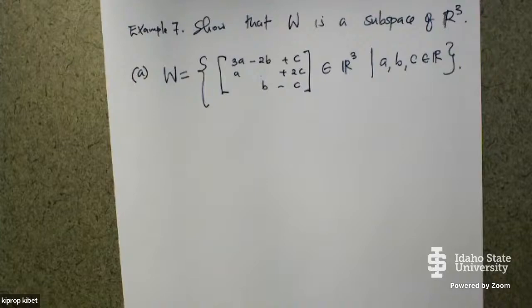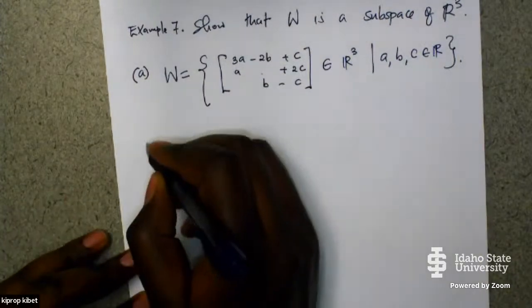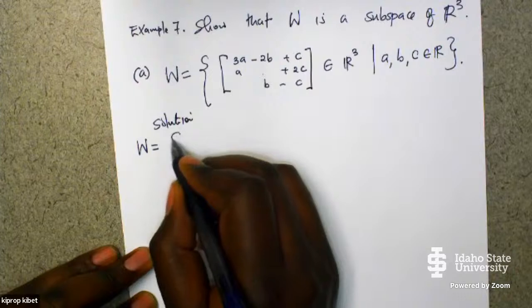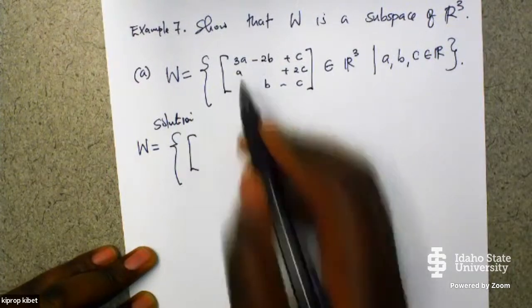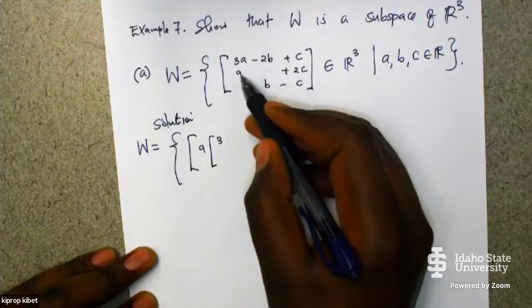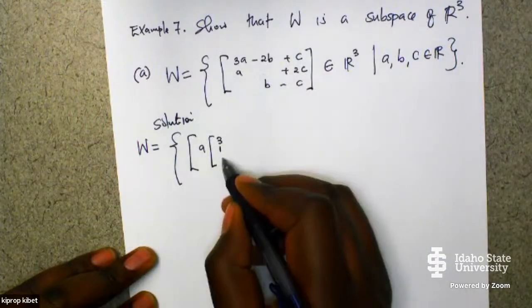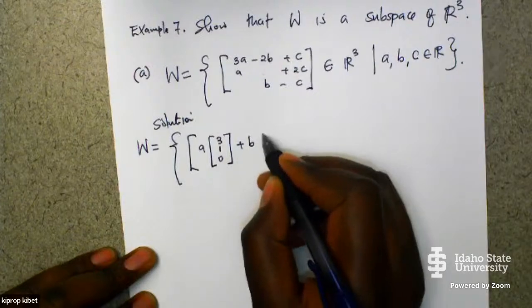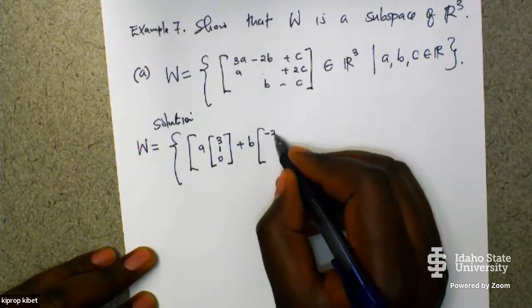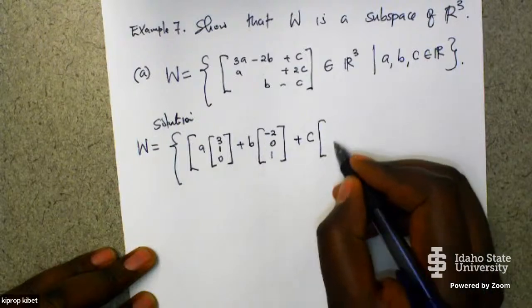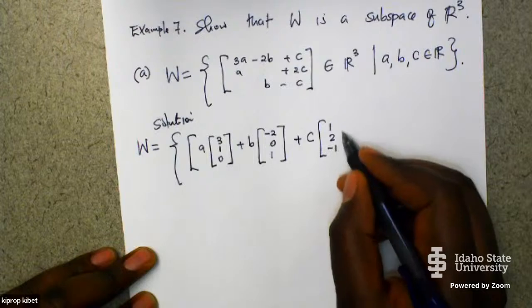To write these in span form, the solution is W equals: we can factor out A, so A times (3, 1, 0), plus B times (minus 2, 0, 1), plus C times (1, 2, minus 1).